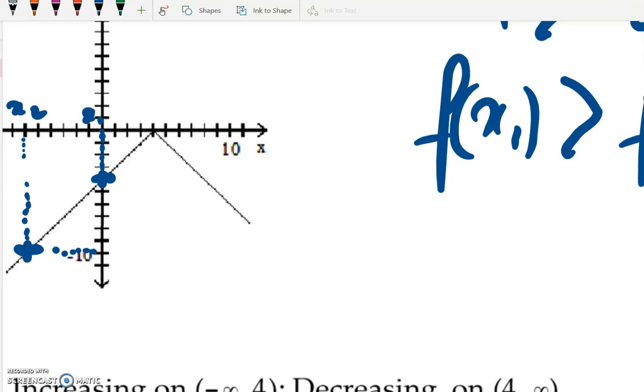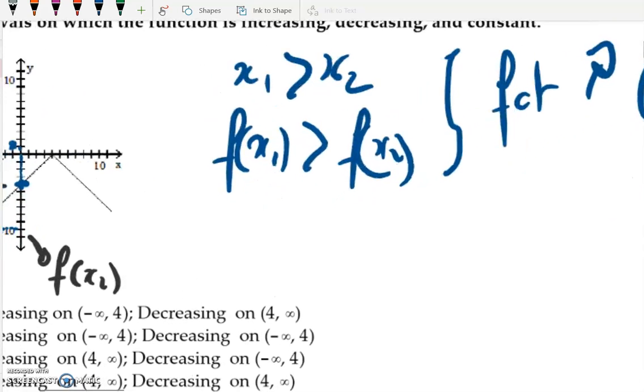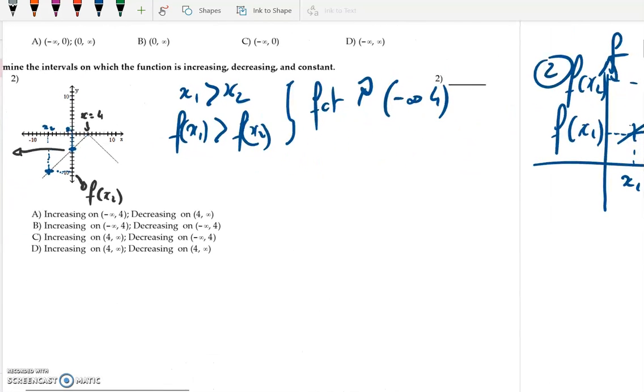This is f of x2, and the other one right here is supposed to be f of x1. Right there is where you're going to find x equals 4. So we can see that it's increasing between negative infinity and x equals 4.